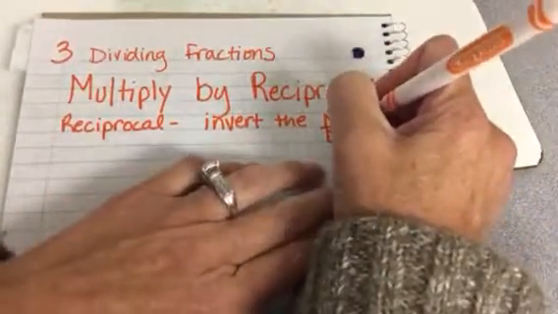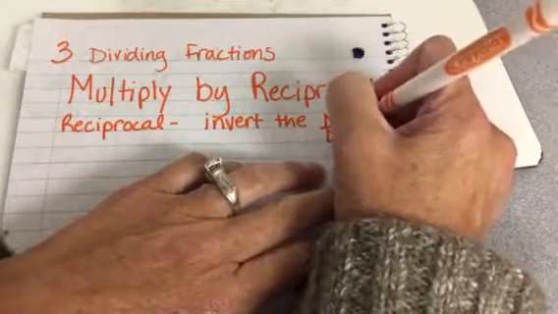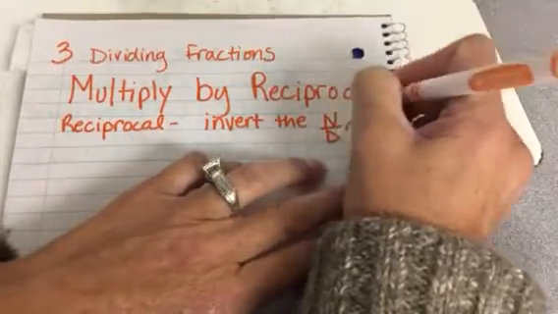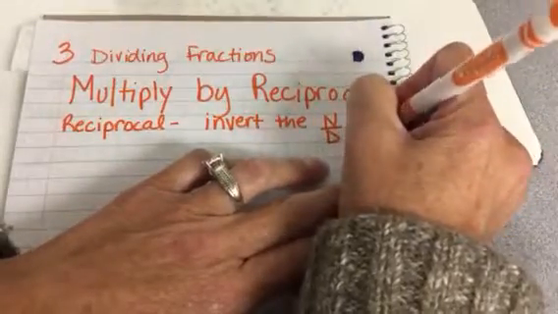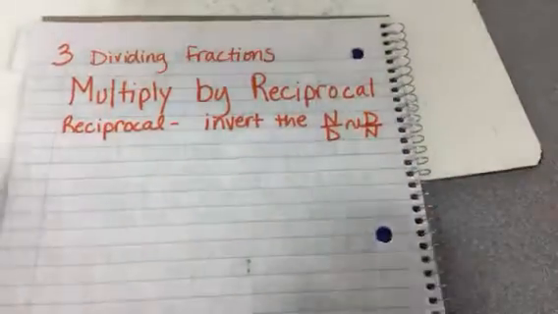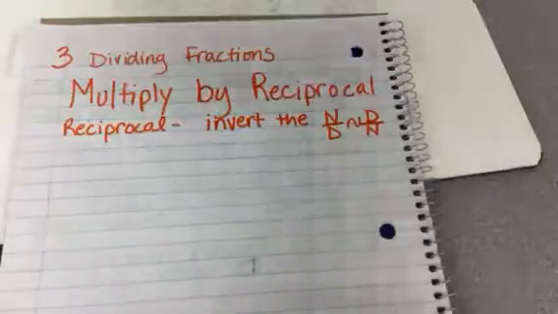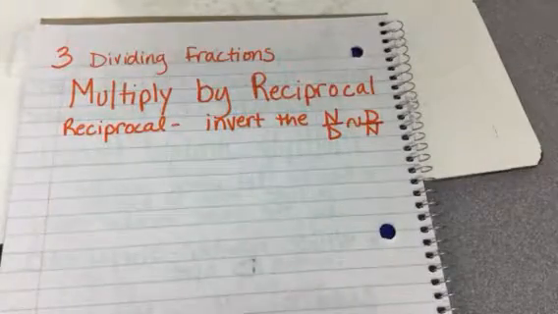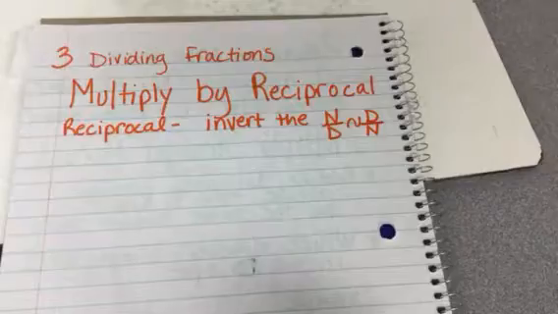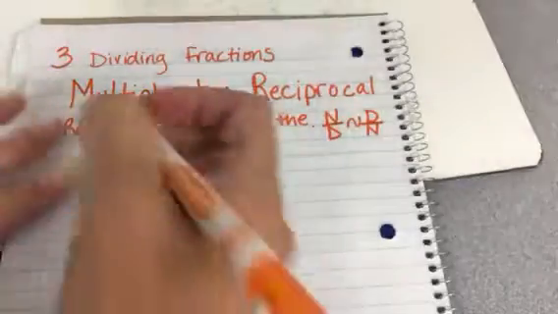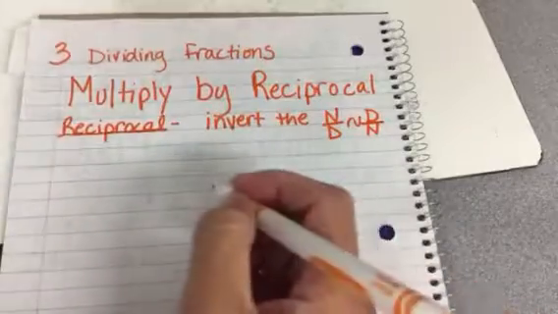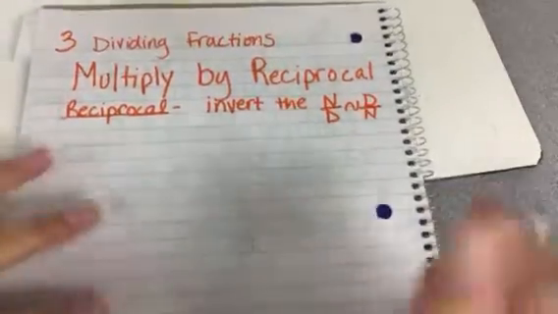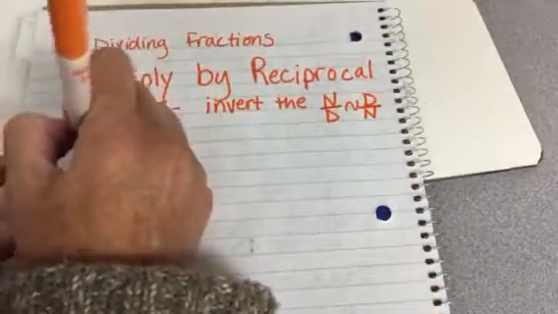So the reciprocal would be changed to denominator over numerator. Okay, so that's all that means. You're going to basically invert or flip or turn over the second number. Now this is when you multiply by the reciprocal. So let's go ahead and get an example and we'll talk about that.